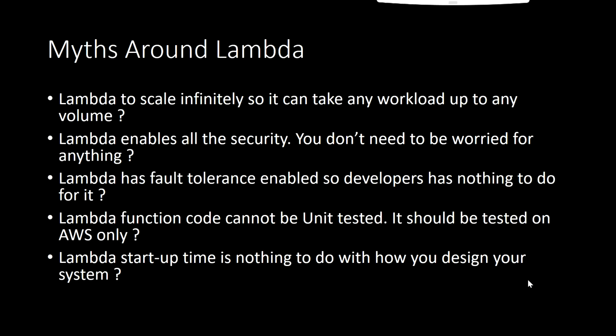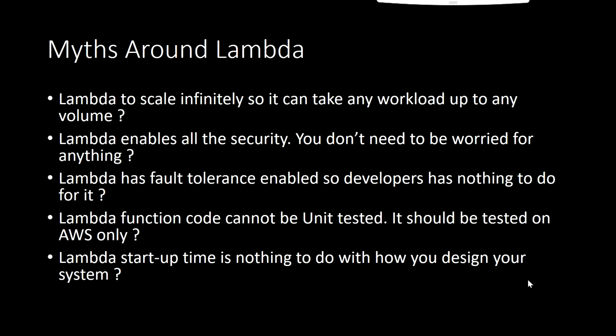The third one is about fault tolerance. Developers think that when I deploy an application to Lambda, it is always fault tolerant. I don't have to worry about its availability.